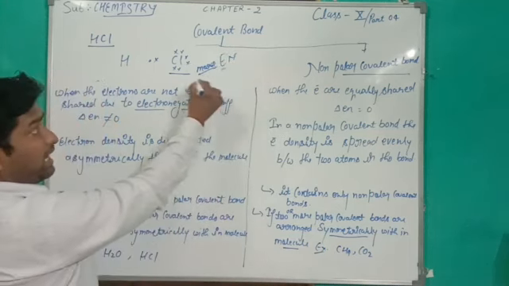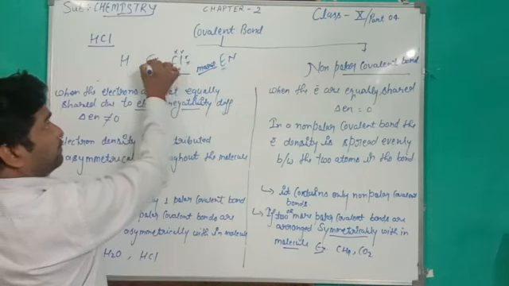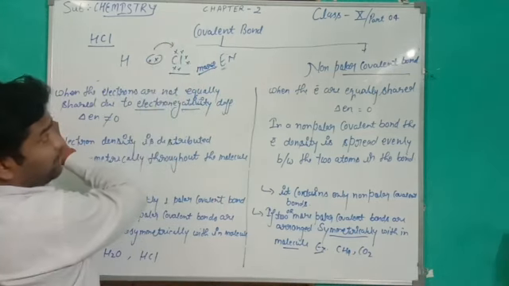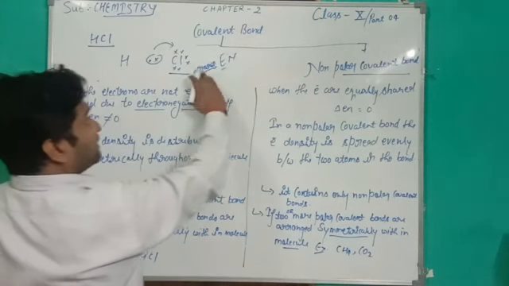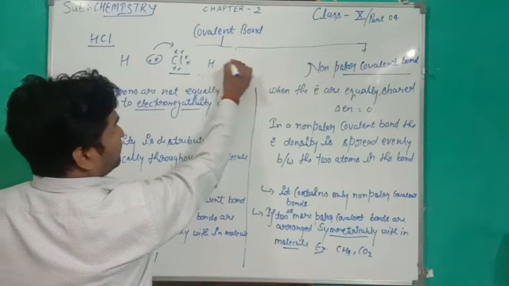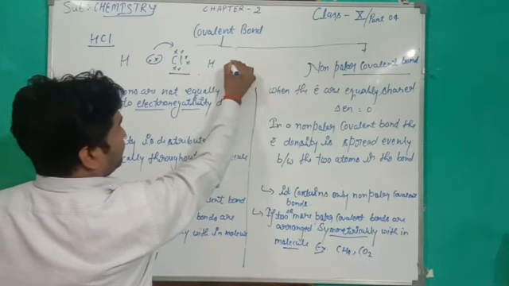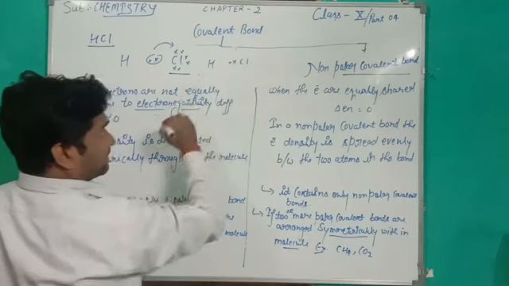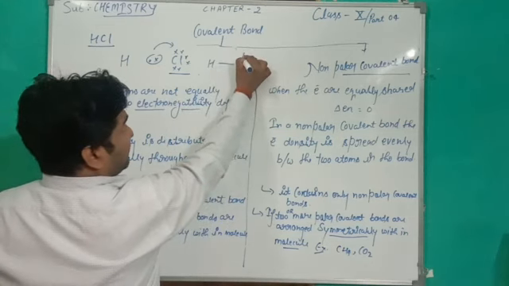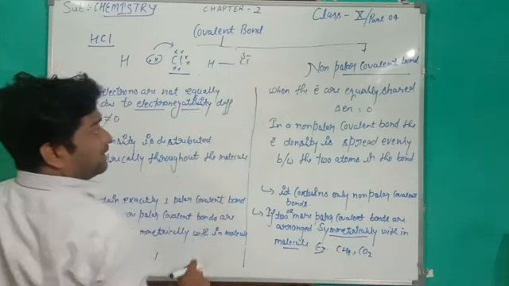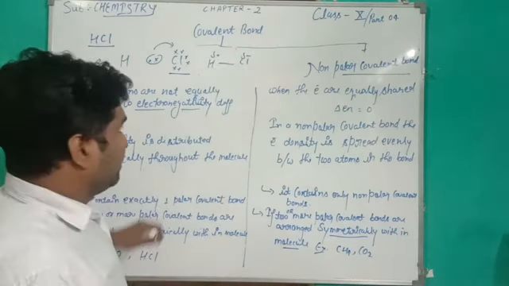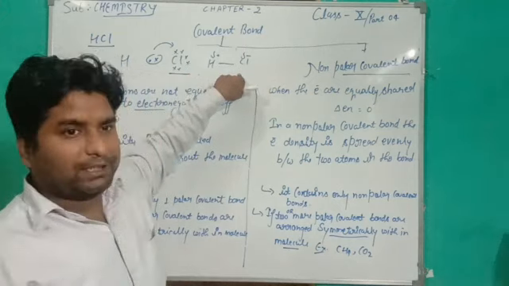So due to the high electronegativity, this shared electron shifts towards the chlorine atom. After the shifting of electron, chlorine gets a partial negative charge and hydrogen gets a partial positive charge, and this is known as the polarity.